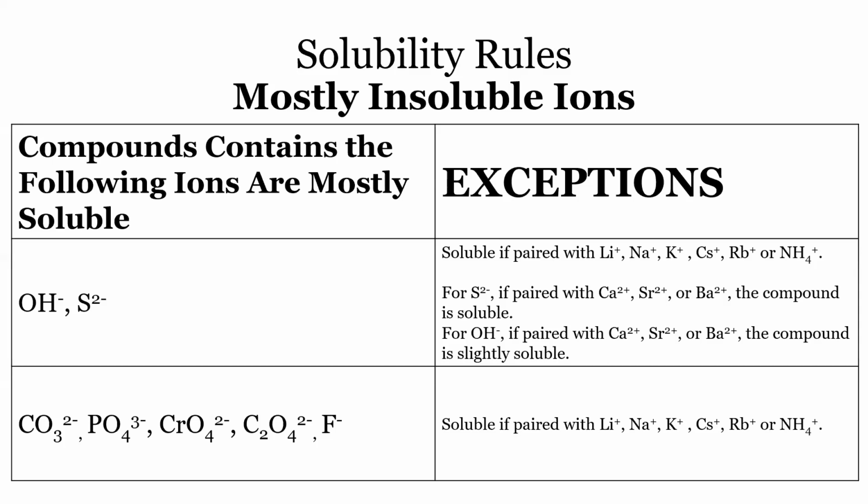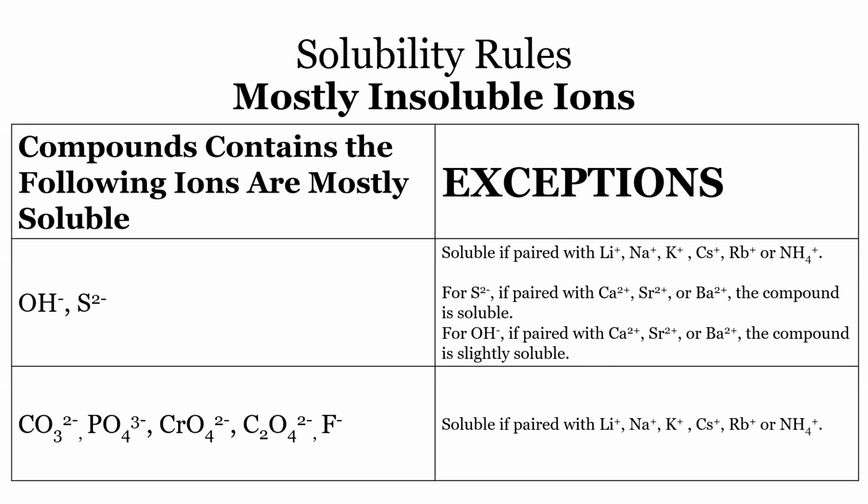Additionally, if S2- is paired with Ca2+, Sr2+, or Ba2+ ions, the compound is soluble in water. For OH-, if paired with Ca2+, Sr2+, or Ba2+, the compound is deemed slightly soluble in water.